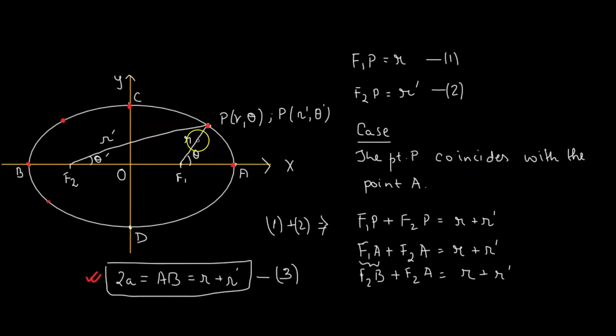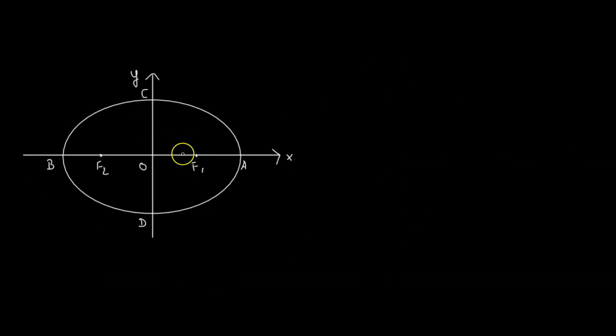What we'll do next is shift the point P in such a way that it coincides with point C. So our point P will now be coinciding with point C. If we measure this point C from our focus f1, this will be R, and the same point P, which is actually C, when measured from focus f2, will be R prime.